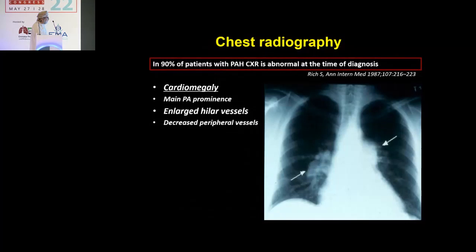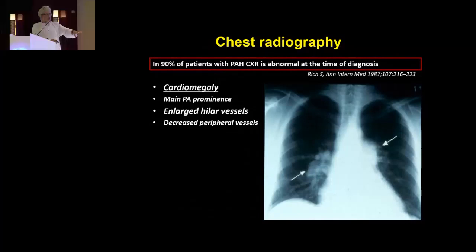And more importantly, it's good to do a chest X-ray because you may rule out or rule in lung diseases in this case. ECG, unfortunately, provides supportive evidence, but a normal ECG does not rule out pulmonary hypertension.